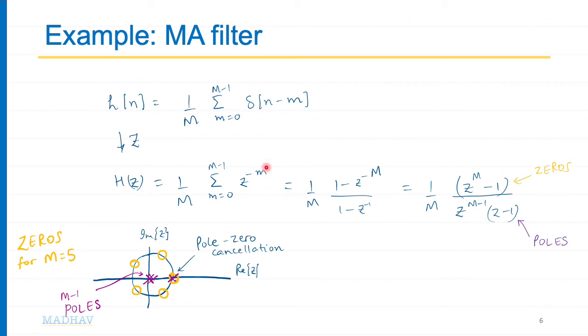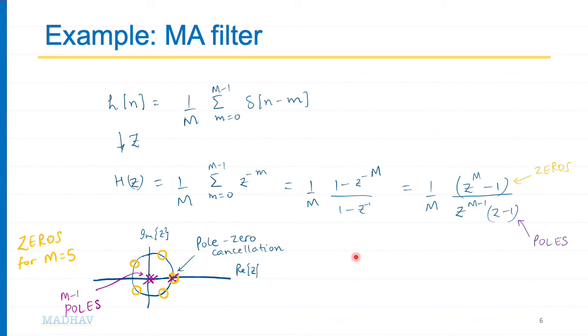You can also look at this form of H(z). You can see that when z is 1, this whole thing is neither 0 nor infinity. So because of this pole-zero cancellation, neither a zero nor a pole appears at z equal to 1.